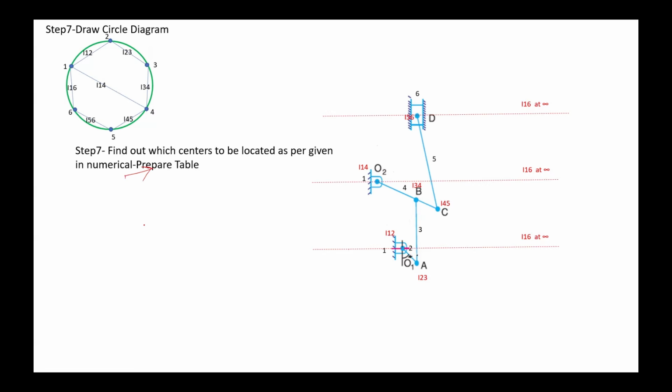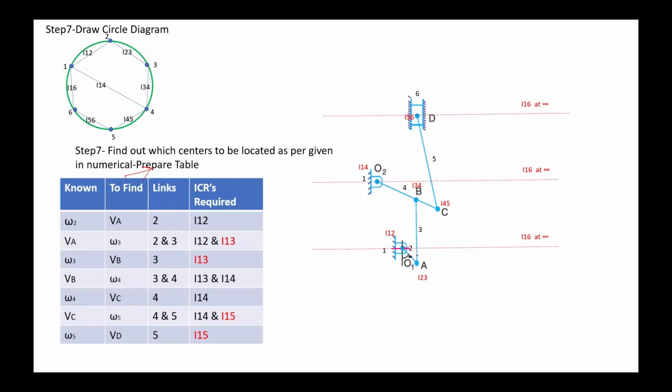For that, on the rough paper, you just make one table. What table? The first column is what you know, and the second column is what you have to find out.